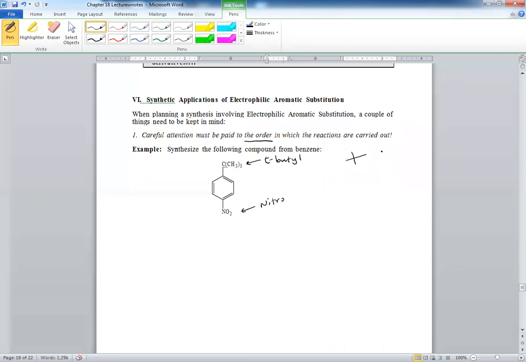Tert-butyl. The only thing you can think of is Friedel-Crafts alkylation. You can go back and check that Friedel-Crafts was the way to add an alkyl group. This is an alkyl group. Second is, how do we add this? Well, that's a nitration reaction.